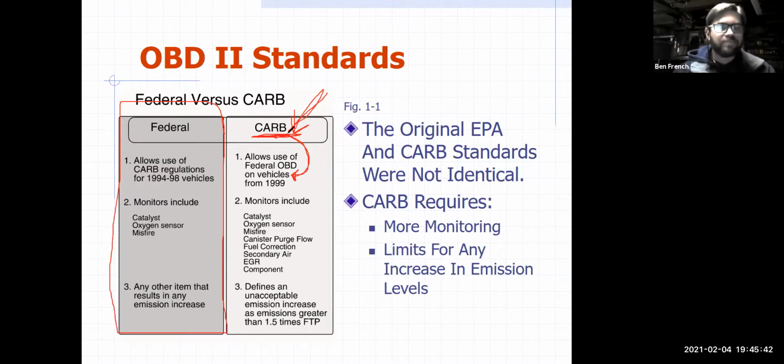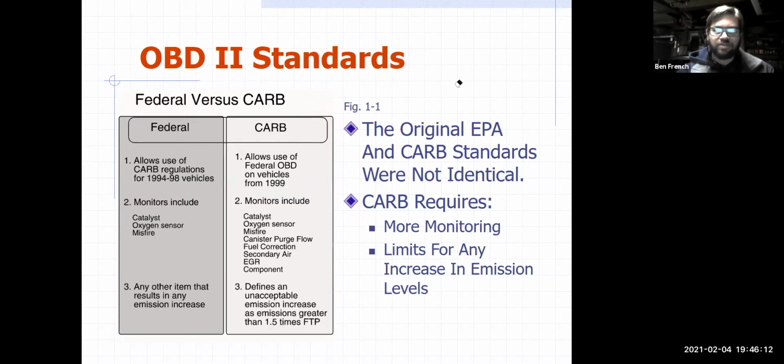So anyways, when it comes to diagnosis, what you're going to find is there's going to be a lot more built-in diagnostic stuff in a California certified car, especially in the early days. Now that we're in the 2020s, there's not a whole lot of difference between a California certified and a federal certified, but back in the mid to late 90s, the difference was significant.